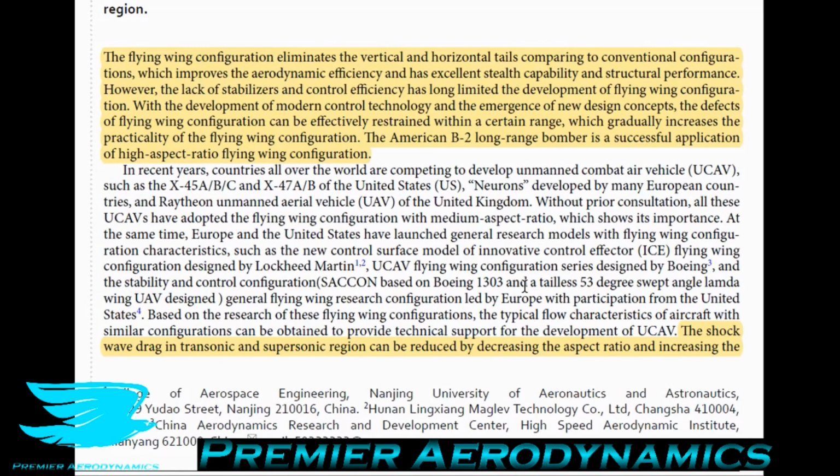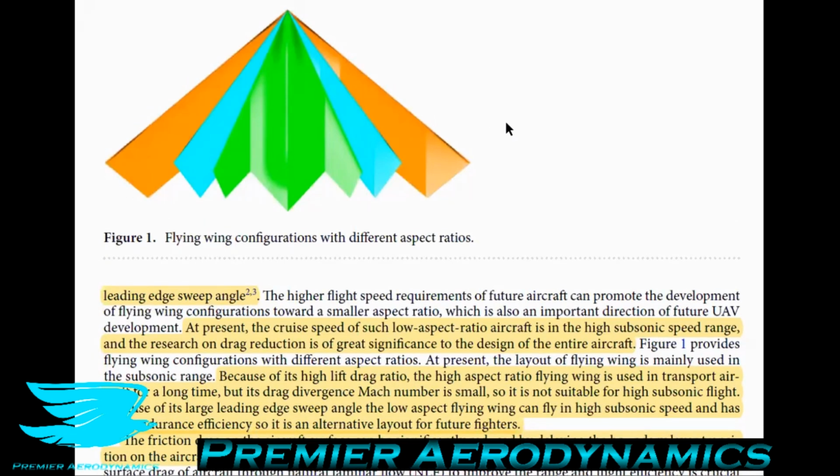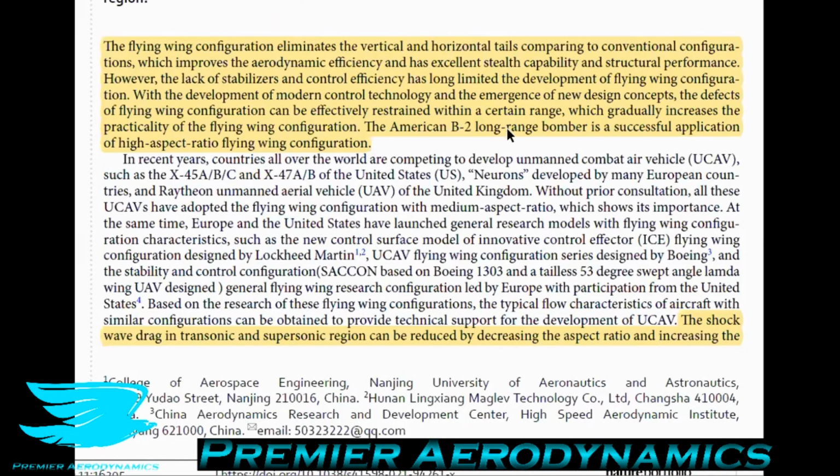But this drag, which is very large at high subsonic speeds, can be reduced by decreasing the aspect ratio. So by making them stubbier, you can reduce the shock wave drag, and also by increasing the leading edge sweep angle.